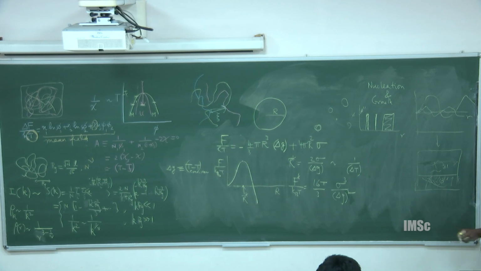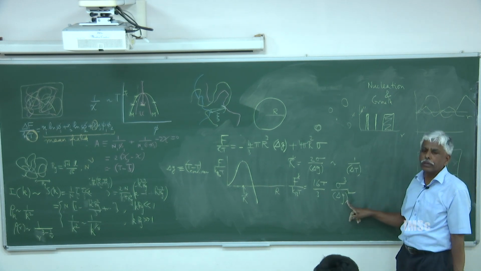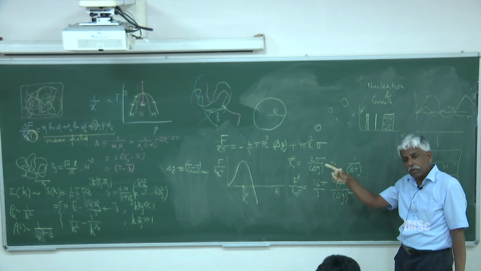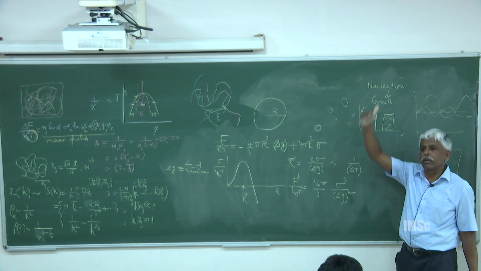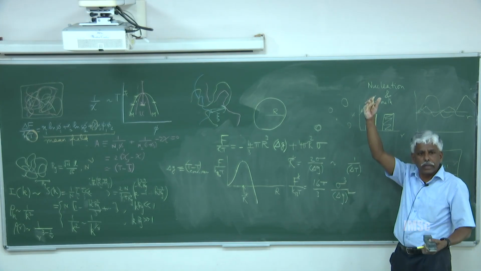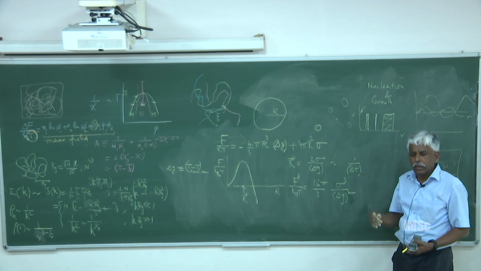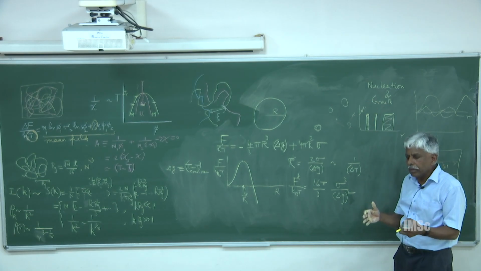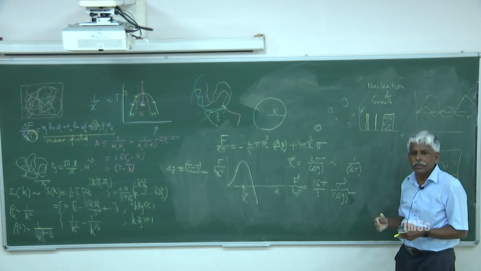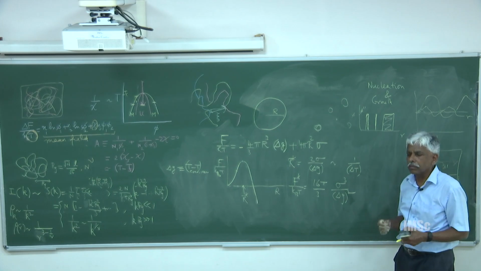But again, the important thing is 1 over delta T squared. So, if delta T is small, not only do you have to make a bigger droplet, but the barrier is also very large. When delta T is small, the nucleation barrier goes to the sky. So, in order to make these droplets, you need to have delta T reasonably not small.